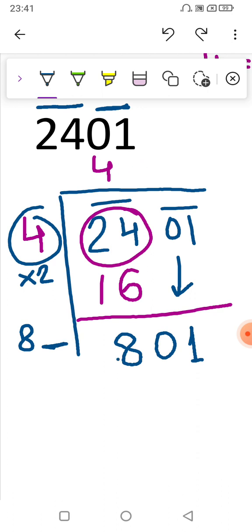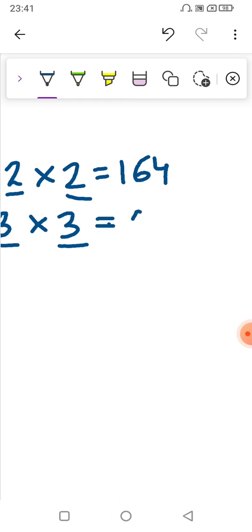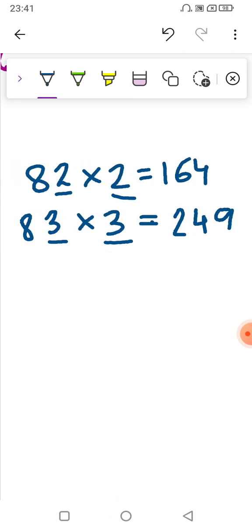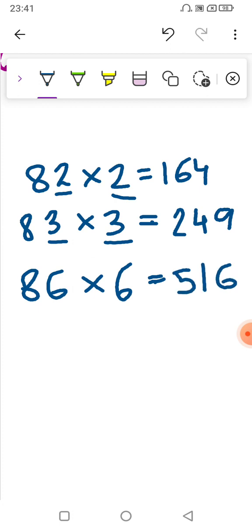Now 83 into 3, if we multiply it, we will get 249, which is not at all close to 801 once again. So let's take 86 into 6, because we can assume the closest number may be slightly bigger. So 86 into 6, we are getting 516. Yet we are not close to 801.